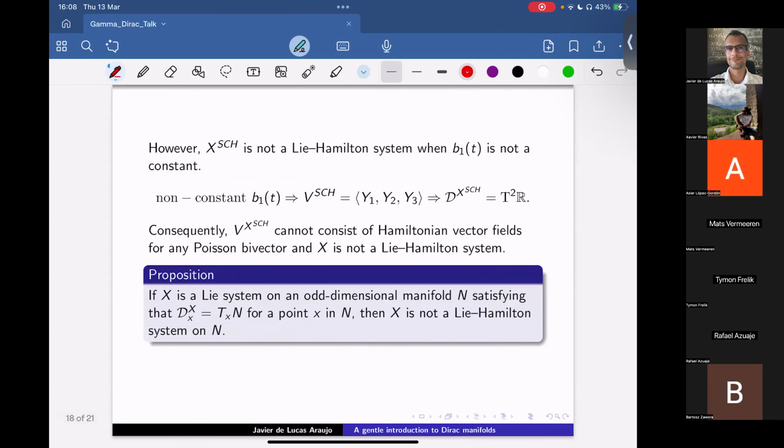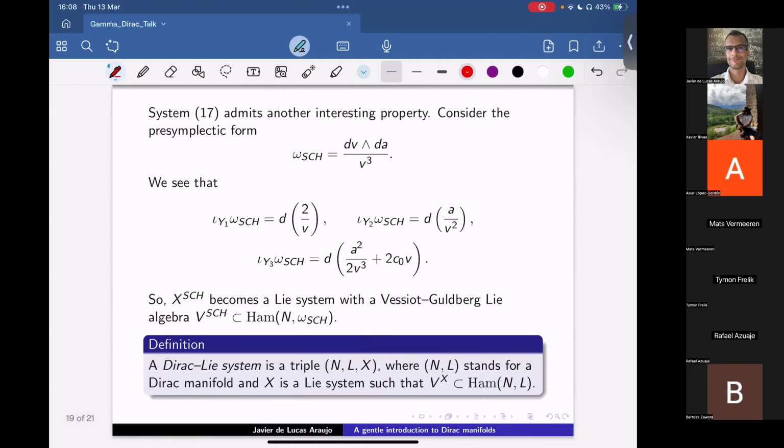But you can use a certain presymplectic form given by this, and this presymplectic form tells you that all these vector fields are Hamiltonian with these functions.